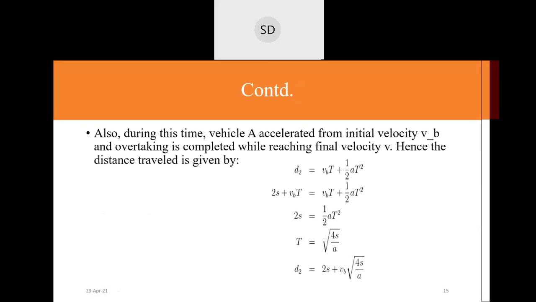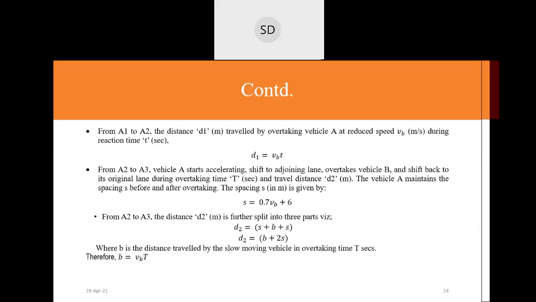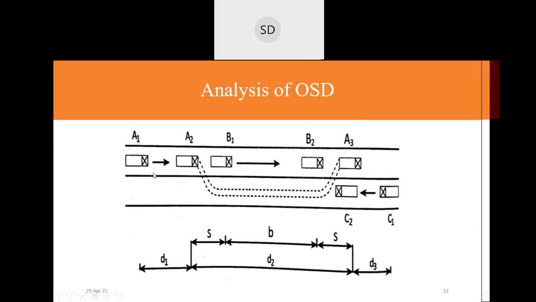Now, during that time, vehicle A accelerated from initial velocity Vb, and overtaking is completed while reaching final velocity V. What was the speed of vehicle A at position A2? That was Vb meter per second, because it was forced to reduce its speed from V to Vb. After that it accelerates.